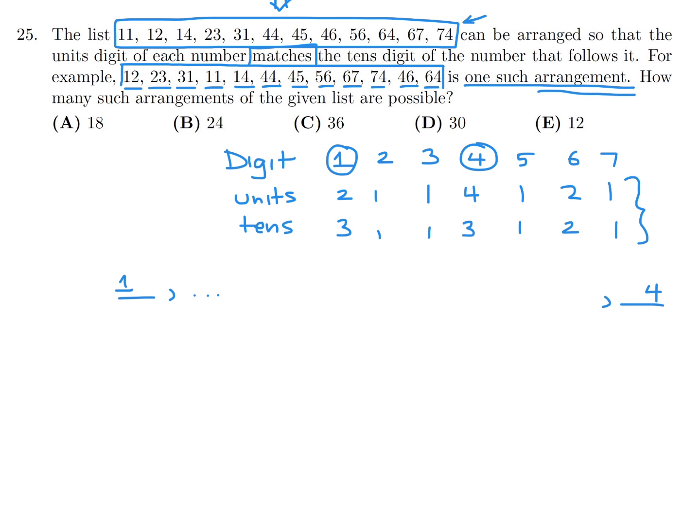Yeah. So if we break it up into groups, I think that'll be easier. So I'll put the smaller numbers first in one group. And then I'll put the larger numbers in another group. And that might be a little easier. 56, 64, 67, 74. Okay.